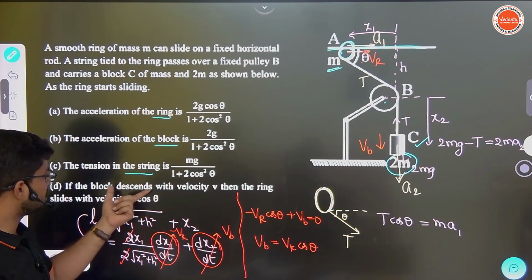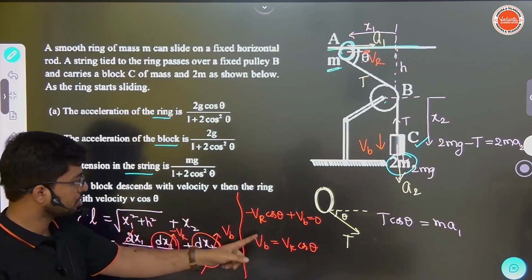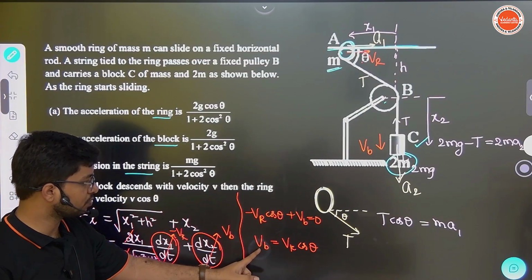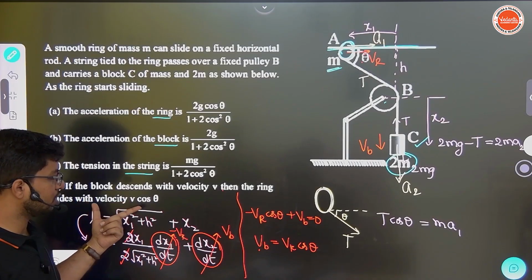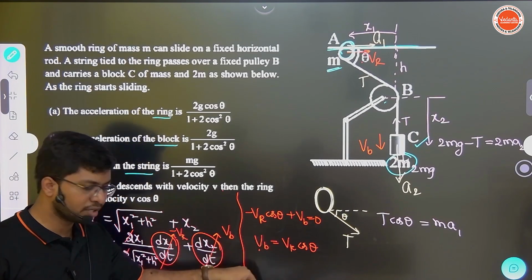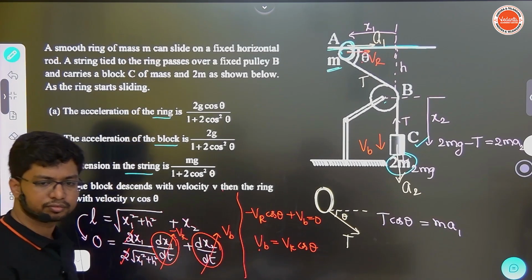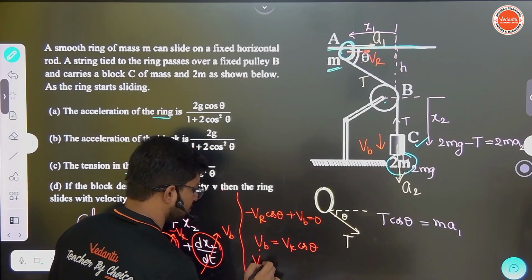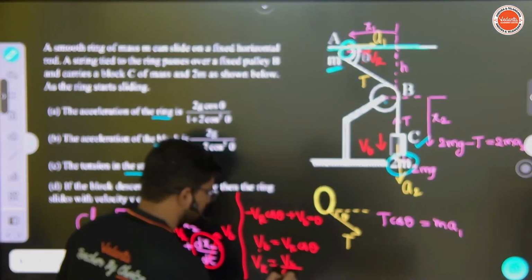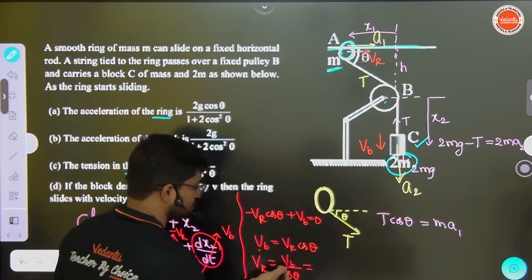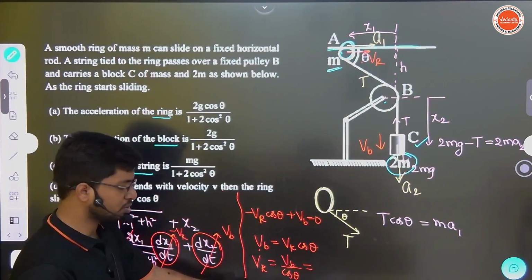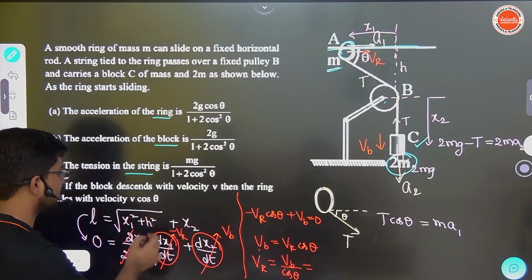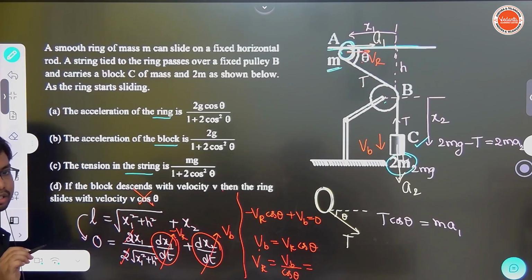Block descends with a velocity v. This is velocity of the block is v. Then the ring has a velocity of v by cos theta. Velocity of the ring is equal to vb divided by cos theta. If block descends with a velocity of v, then this should be v by cos theta. Clear? So the statement given is incorrect.